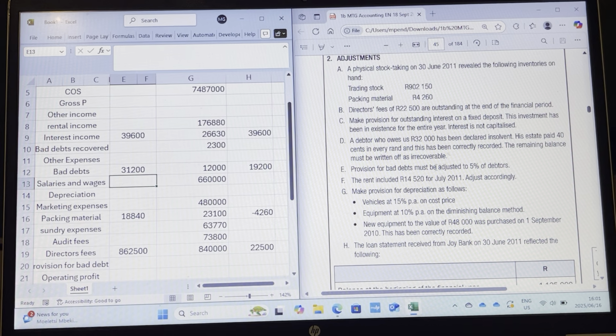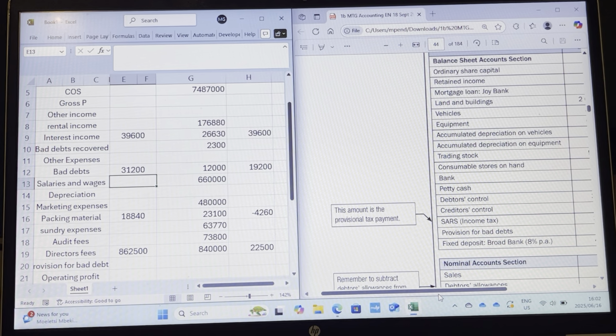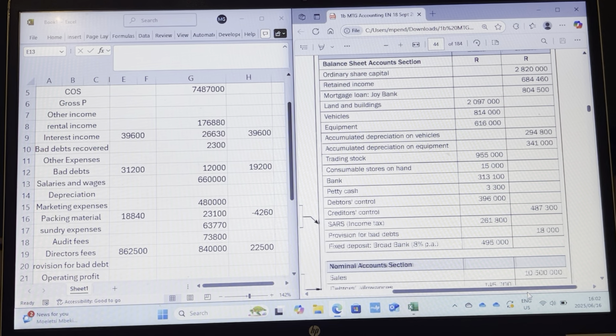Moving on, we have provision for bad debts must be adjusted to 5% of debtors. Okay, so that alone is not enough. We need to find out what has been done before. I have to go back to this balance sheet. Provision for bad debts. It's 18,000.